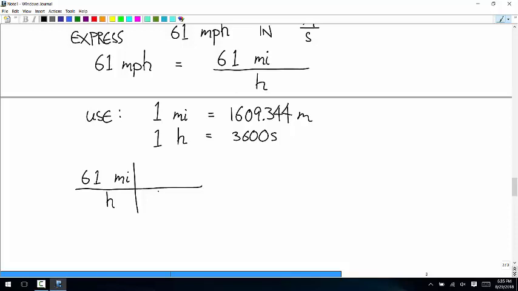We're trying to go to length units of meters. So we want the miles in our ratio to be in the denominator, so it cancels. Get rid of the unwanted units. So we're going to put 1609.344 meters in the numerator and 1 mile in the denominator. And you can see that those cancel the way we want them to.